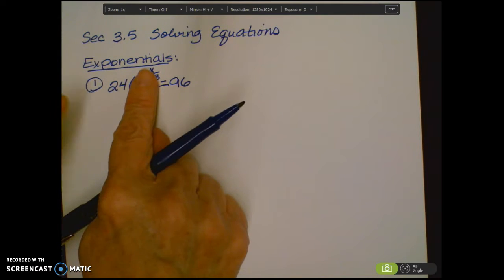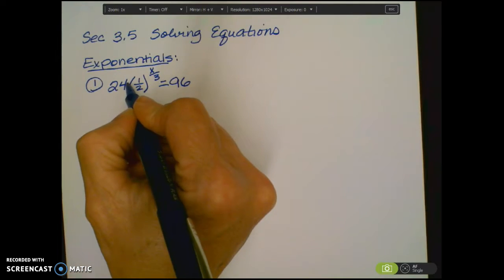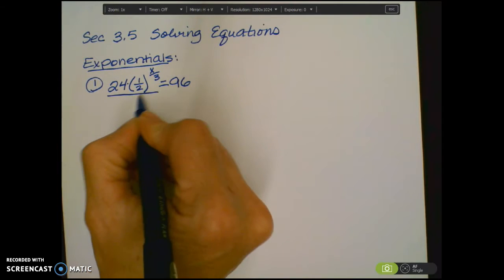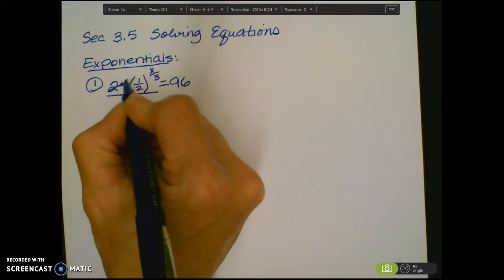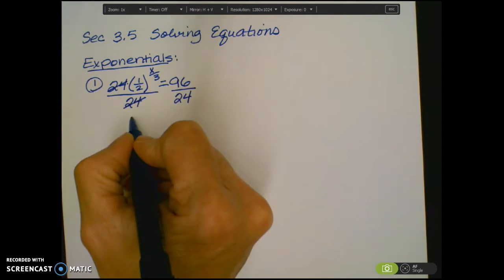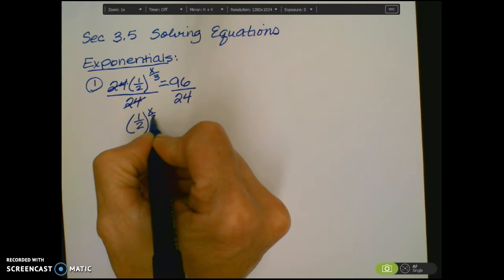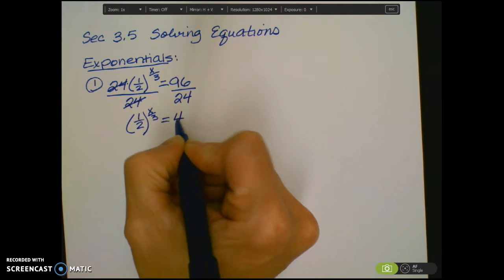Anything outside of that, like the 24, I want to get rid of that first. So since 24 is being multiplied by that value, we'll divide both sides by 24 so that we can isolate that base. In which case, we will end up with 1/2 to the x over 3 equals 4.